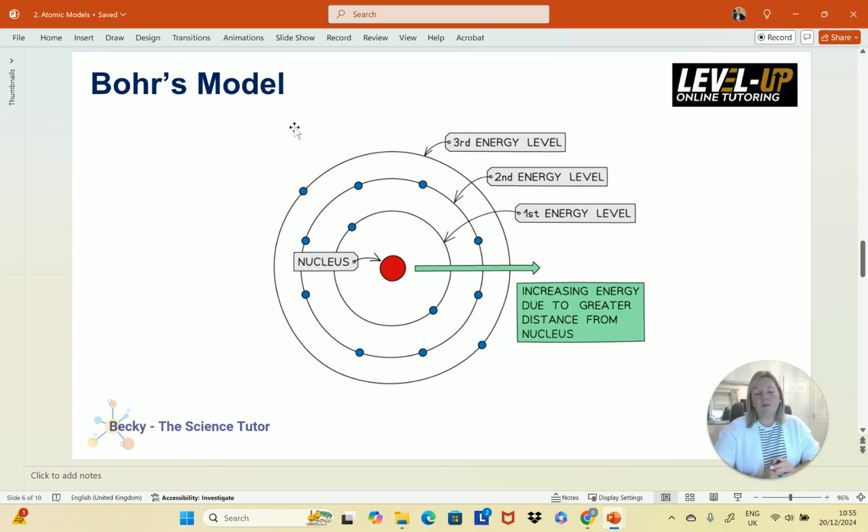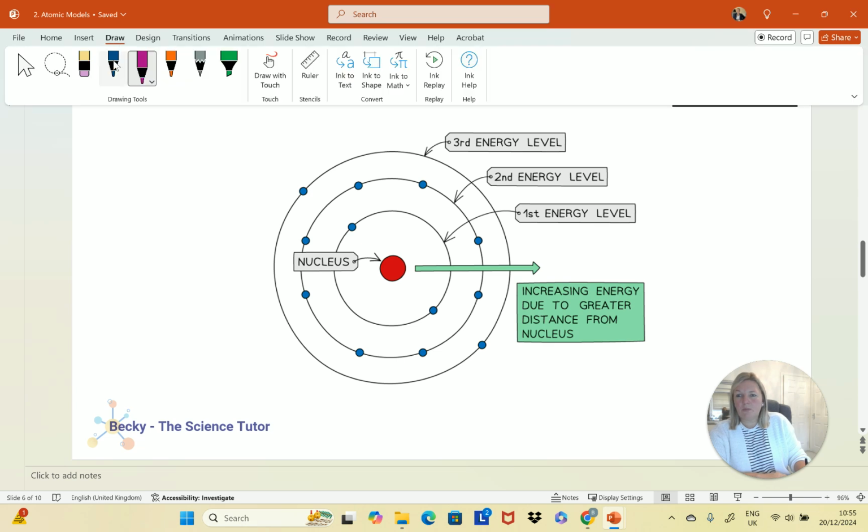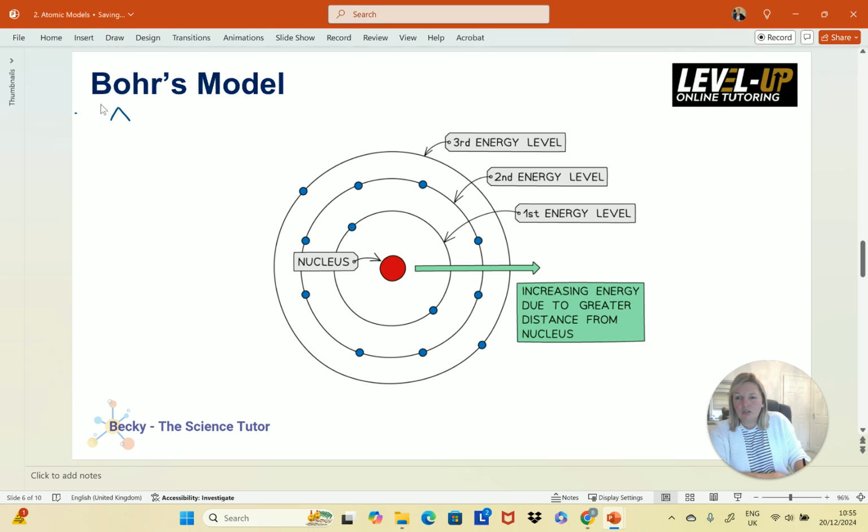Then what came next is a scientist called Niels Bohr. Bohr was the next scientist to change the model. Again, we don't need to know the nitty-gritty of what he was doing. He was doing different experiments in his lab, and what he realised is that those electrons do orbit around the outside.